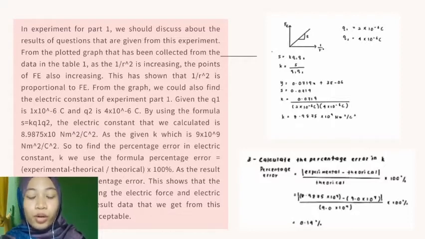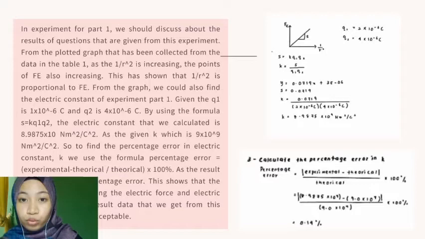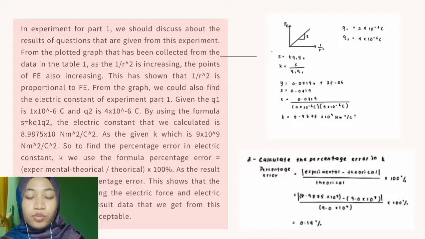Given that Q1 is 1 times 10 to the power of negative 6 coulomb and Q2 is 4 times 10 to the power of negative 6 coulomb, by using the formula F equals K times Q1 times Q2, the electric constant that we calculated is 8.9879 times 10 to the power of 9 newton meter squared over coulomb squared.